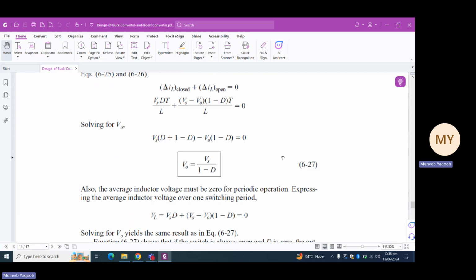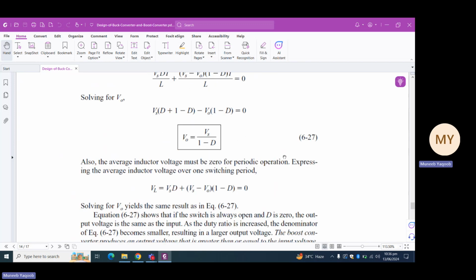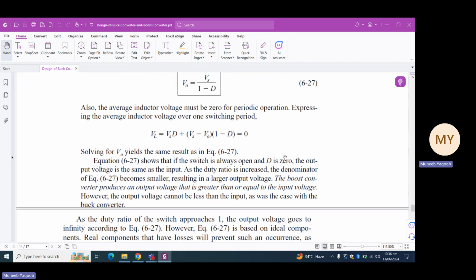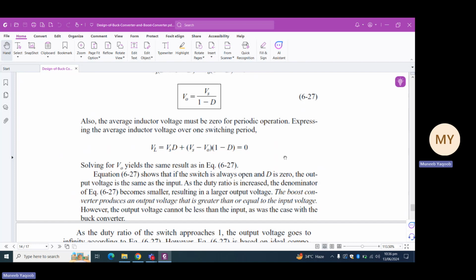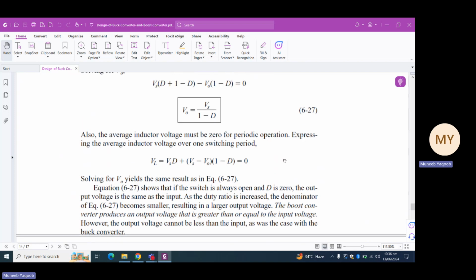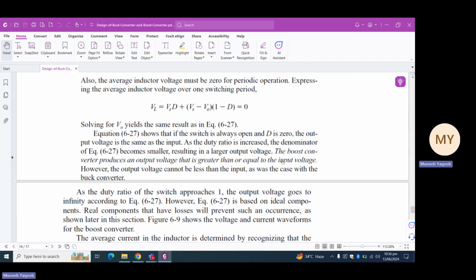The conclusion is that from this equation, if we make V out the subject, we get equation 6.27. So in a number of ways we can prove that for the boost converter, the output voltage V out is Vs upon 1 minus d.